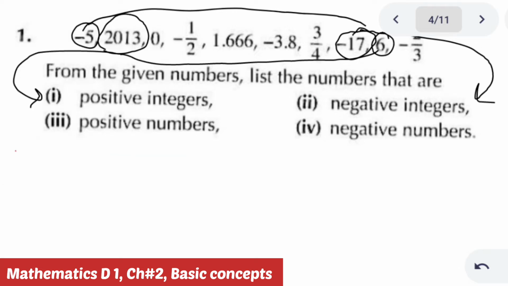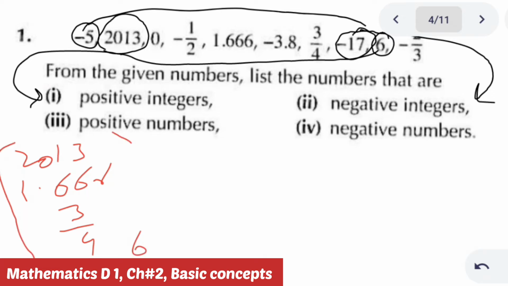Similarly, if we now separate the positive numbers, they will include 2013, 1.666, 3/4 and 6. All these numbers are positive numbers. The numbers could include whole numbers, decimal numbers or fractions, but in integers only whole numbers are included.